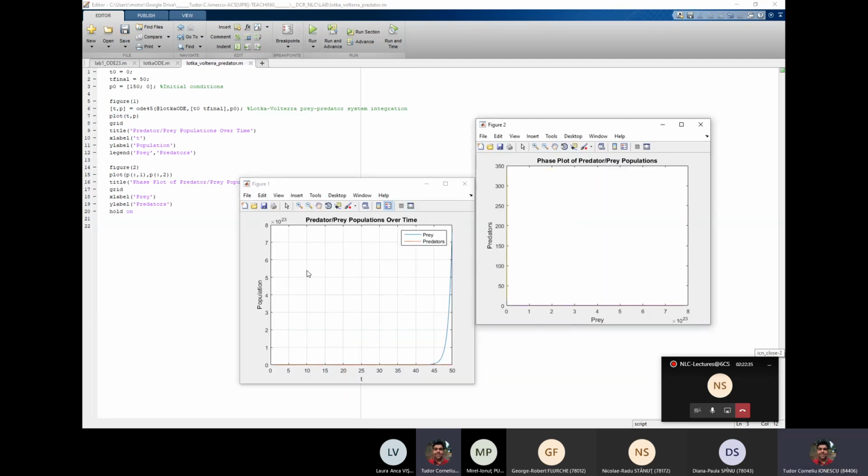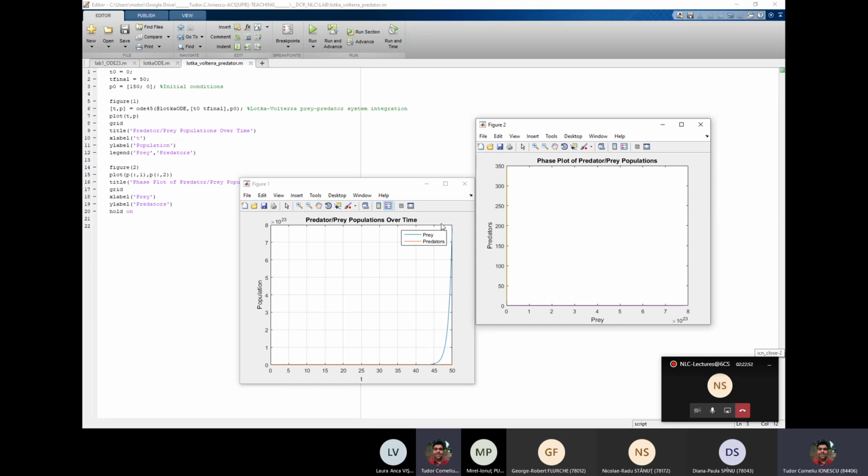You see, the cycle is gone. If there is no predator, this is a natural phenomenon. If there is no hunter, then the prey goes to infinity.